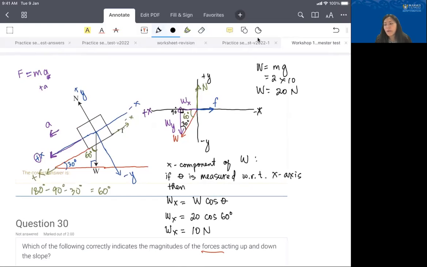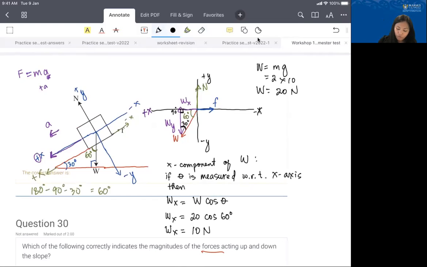Okay, I wanted to point something out here, and this is the reason why I also took 30 degrees. This angle here between the red arrow, the diagonal weight, and the purple arrow, the vertical y component of weight. Notice that this 30 degrees is equal to the angle of the slope.